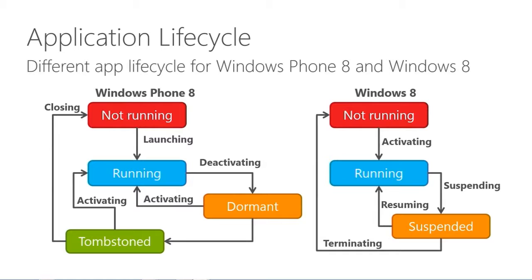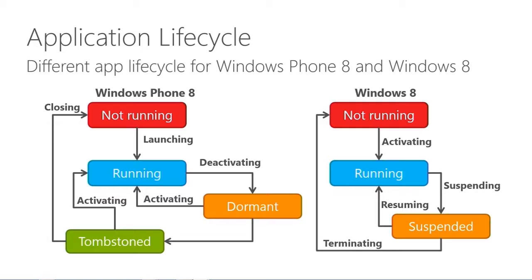Windows Phone and Windows 8 are quite different in this respect. On Windows Phone, when an app starts, it gets a launching event. And then when it gets pushed into the background, it triggers a deactivating event, and then it becomes dormant. If you then bring it back, it uses the activating event, so that you can do whatever needs to be done to bring your app back to life.